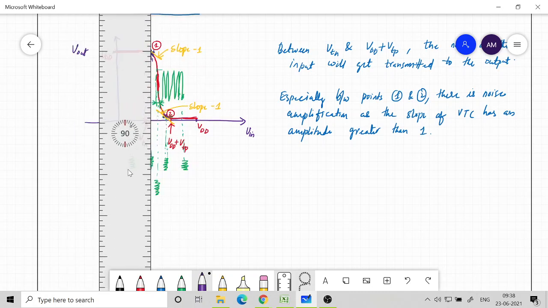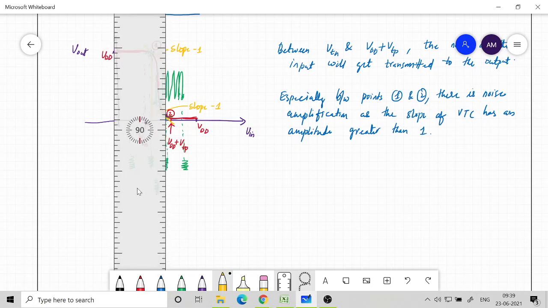If I drop a perpendicular from point 1, I will get a point.